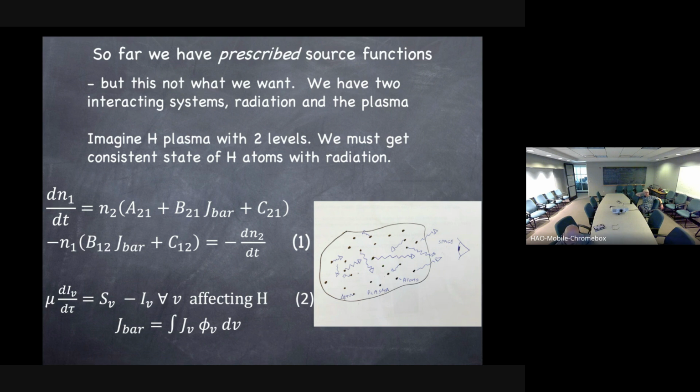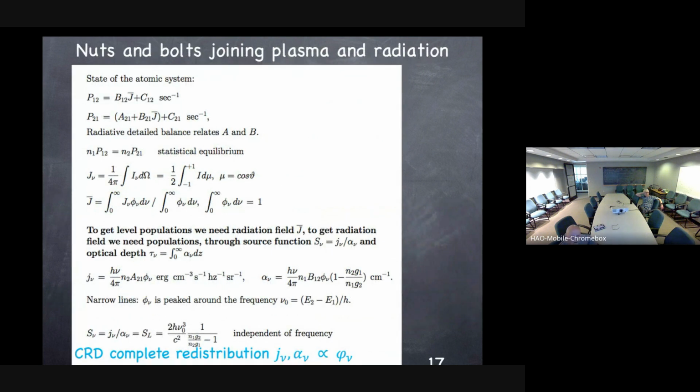And if the plasma is being continuously heated, at one temperature all the time, then this state is going to reach a statistical equilibrium. Our idea is to try to find, through the coupling of the J's and the alphas and the taus and the S's, what radiation field is consistent with that plasma. So we want to make these two things consistent. And that's what we'll get into next time a bit.